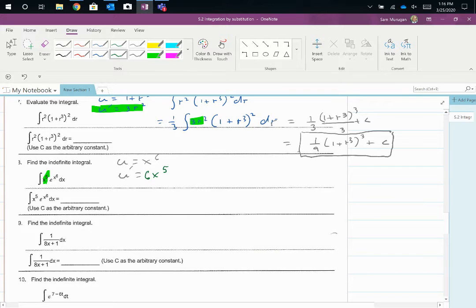So we already have x to the power 5. We need to manufacture that 6. So our integral of x to the power 5 e to the power x to the power 6 dx is now equal to 1 over 6, 6x to the 5th, e to the power x to the power 6 dx.